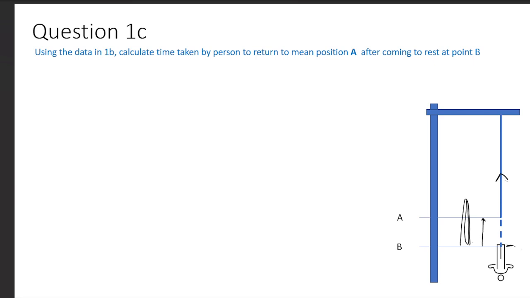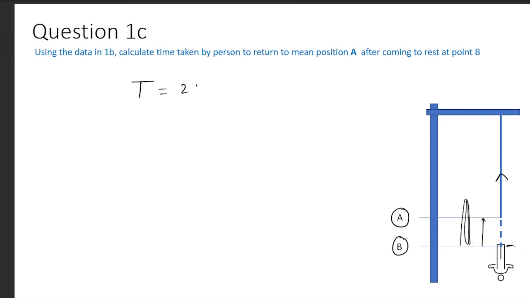So we have to find time taken to return back to position A from rest, and to do that we can use the formula of time period. And you know the time formula for spring mass system. This situation is exactly the same as the spring mass system.